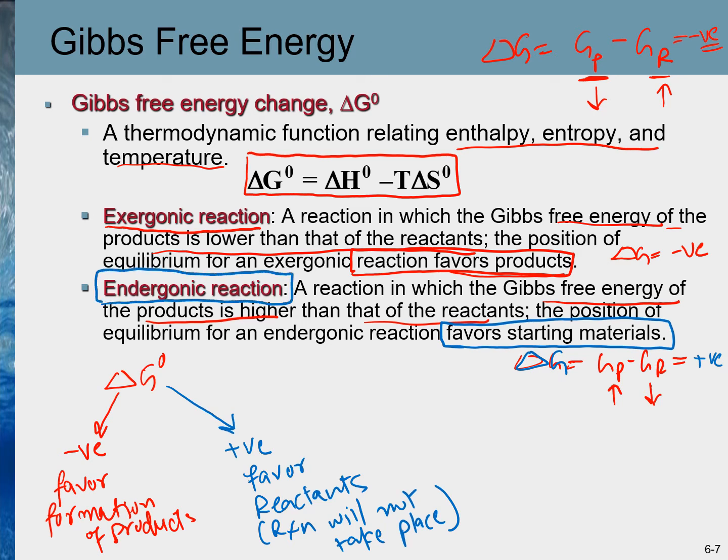So if I have to define what are endergonic reactions, endergonic reactions are those reactions in which free energy is absorbed or there is a positive free energy, or in other words, the system free energy increases. So these reactions are not favored.